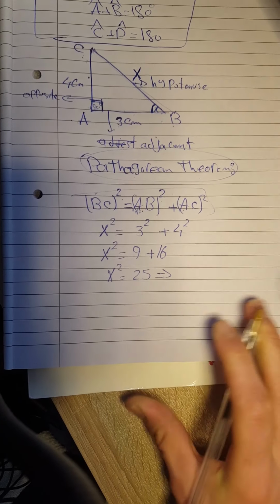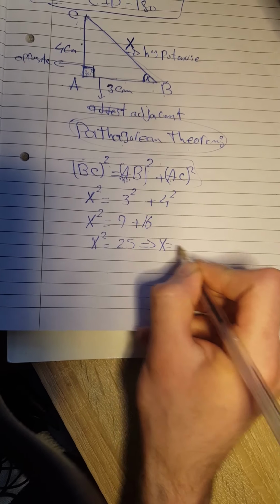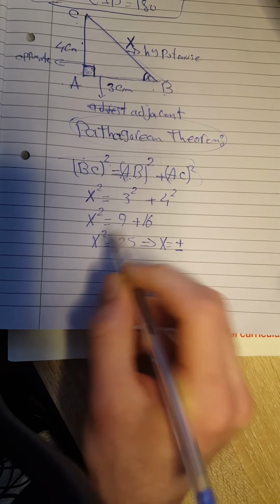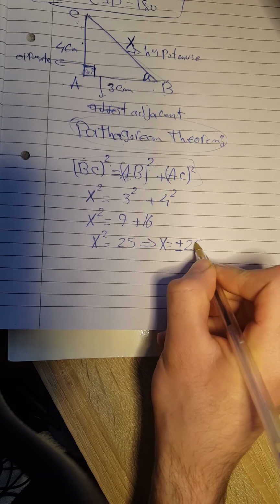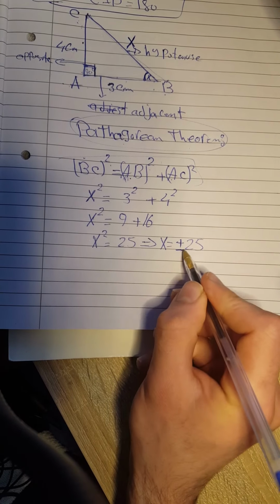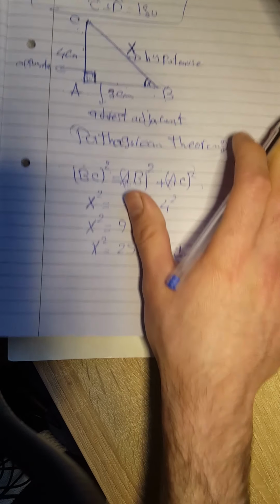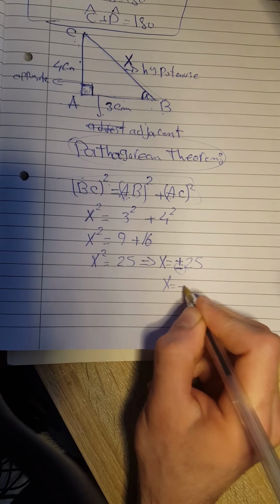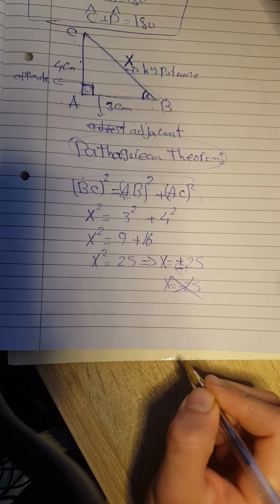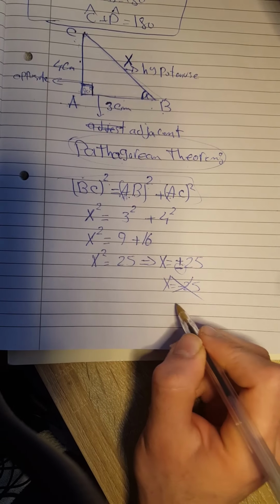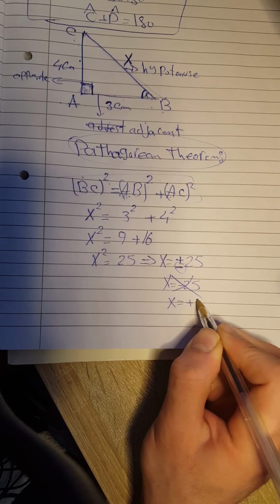So X equals plus or minus, as we learned, the square root of 25. But absolutely I can't have a minus result because it's a side. So how can a side be minus? The negative value will be rejected, and I will deal with the positive value.